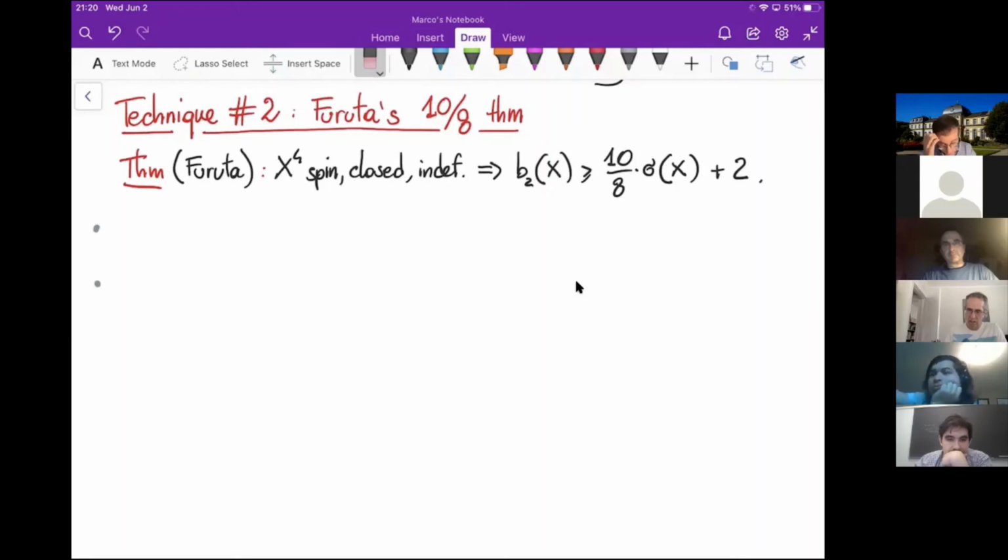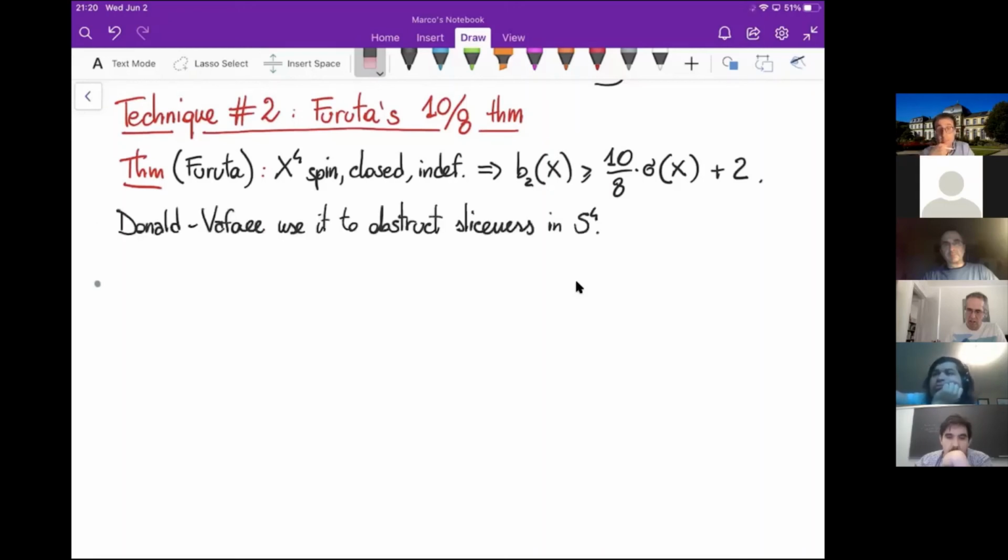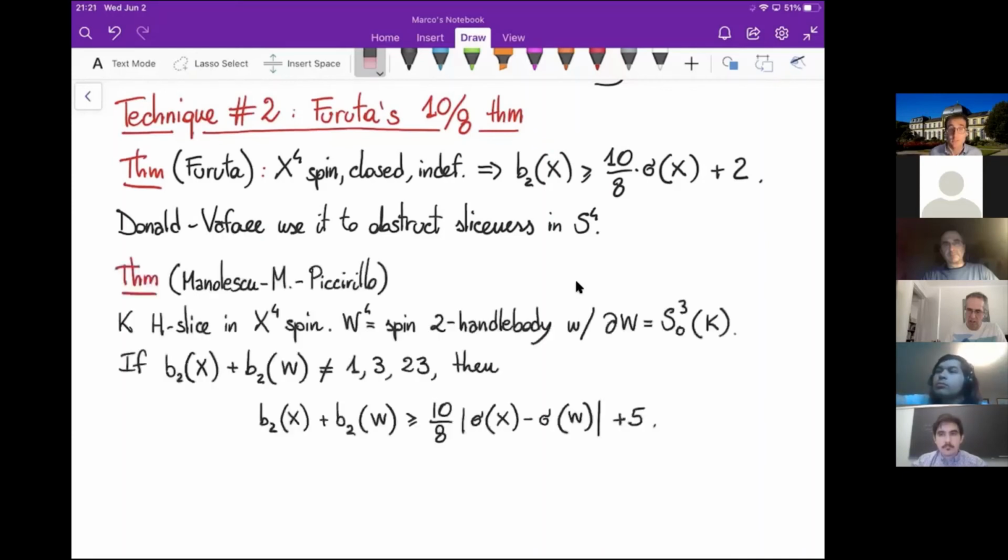And there is a very nice paper of Donald and Vafaee where they used this result to obstruct classical sliceness, so sliceness in the 4-sphere. But really their proof can be quickly adapted to work in any spin four-manifold.